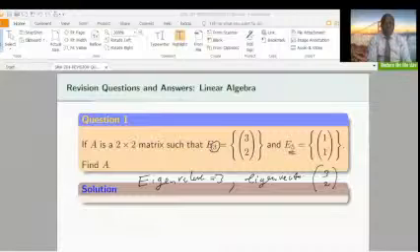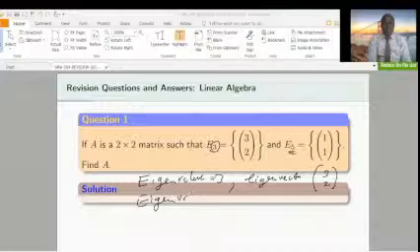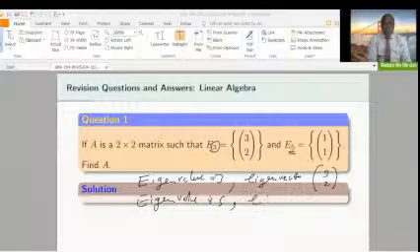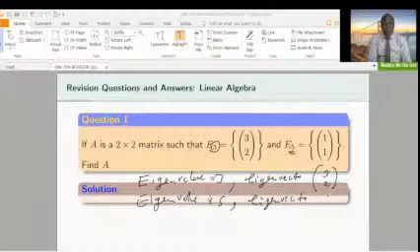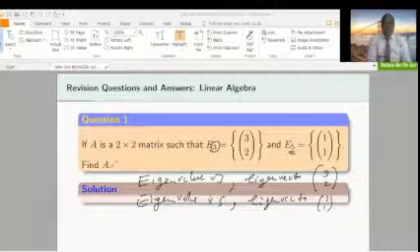And also, when the eigenvalue is 5, the corresponding eigenvector is (1, 1). So then we are asked to find matrix A.